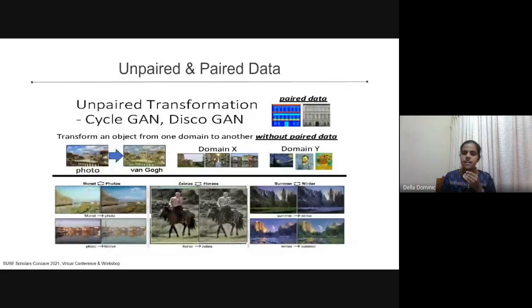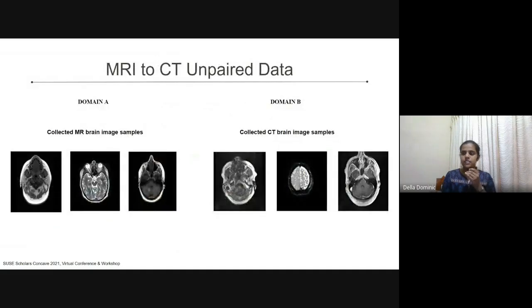So in cases where paired images are less, or incurring paired images is not a possibility, we go for special kinds of GAN architectures like CycleGAN, DiscoGAN, DualGAN, etc. And for paired images, we have other types of GAN architectures like pix2pix GAN. Here in this application, both paired and unpaired images can be obtained, but abundantly we will get unpaired MRI and CT images, and hence I went for a CycleGAN implementation of MRI to CT image translation, and we will discuss that in detail.